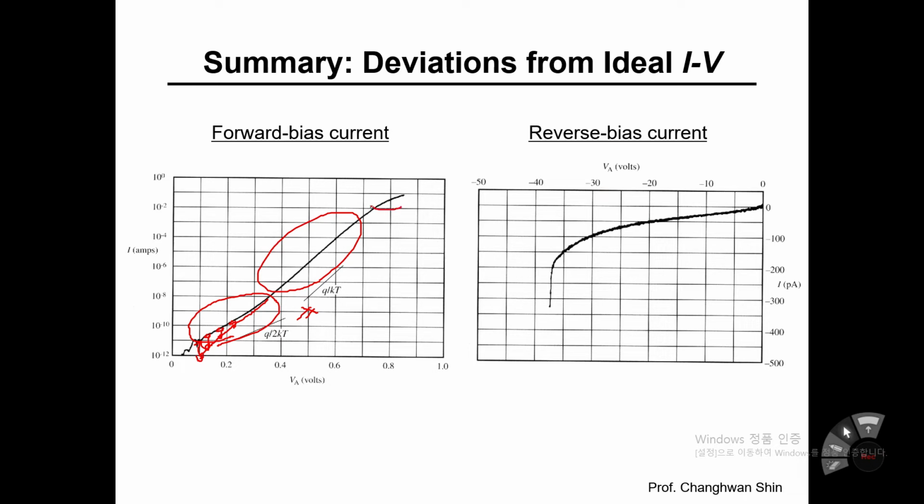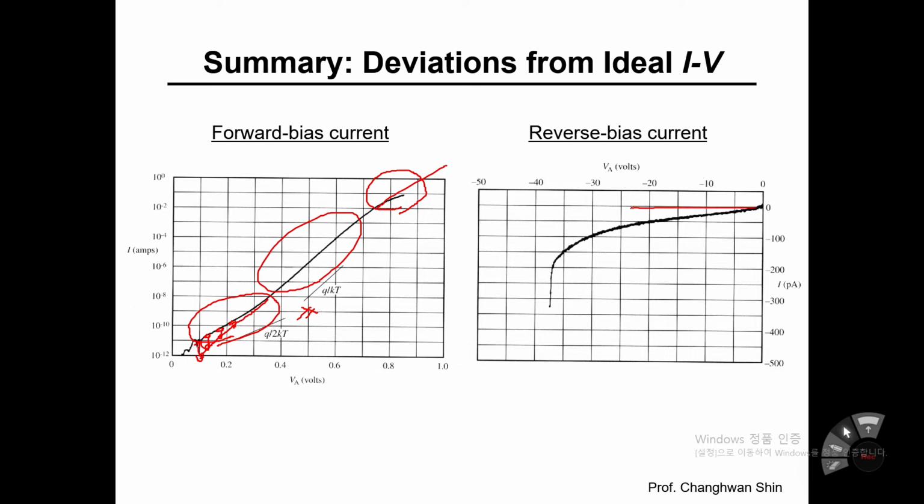And today we are going to learn why the current versus voltage characteristic plot no longer follows the ideal IV characteristic at the high forward bias regime. Before moving forward, let's briefly review the reverse bias current versus voltage plot as well.